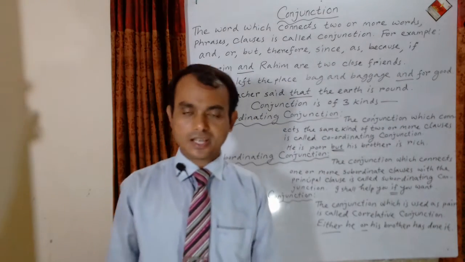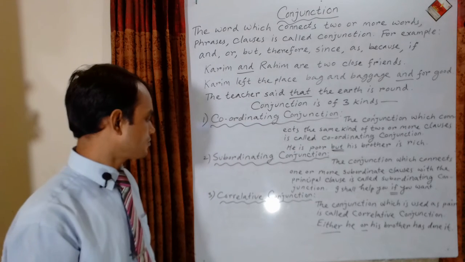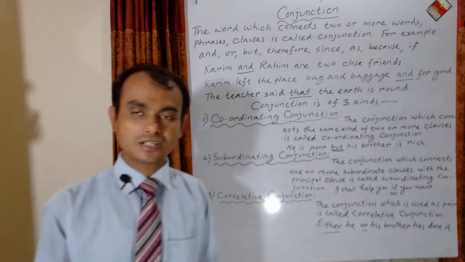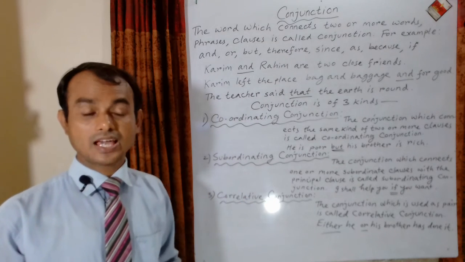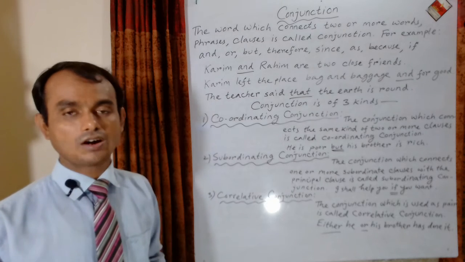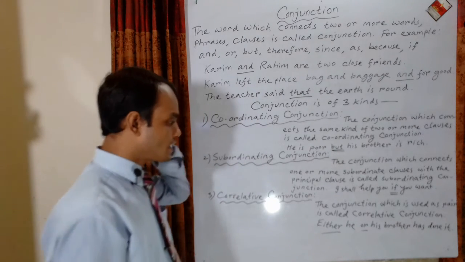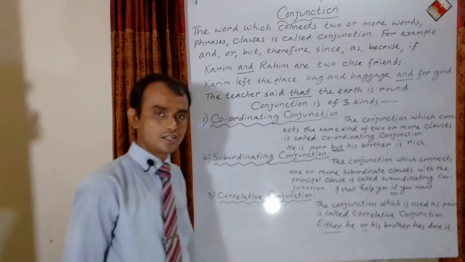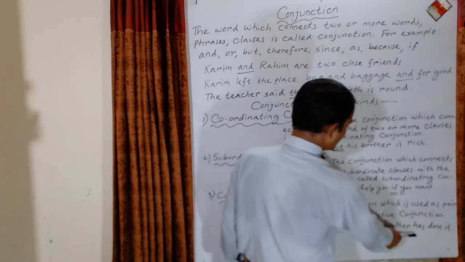Dear students, I have already written the last example of correlative conjunction. What is correlative conjunction? The conjunction that is used as a pair is called correlative conjunction. For example, either he or his brother has done it.